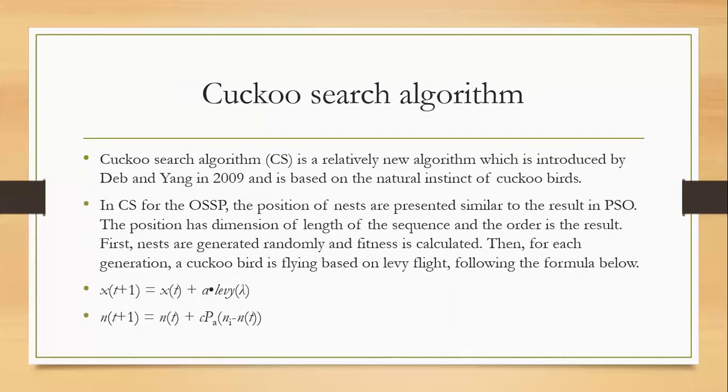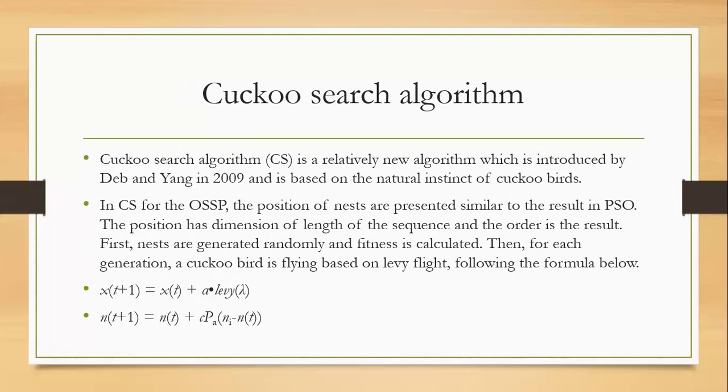First, nests are generated randomly, and fitness is calculated. Then, for each generation, a cuckoo bird is flying based on levy flight, following the first formula below. In this formula, alpha is the step length and lambda is the levy coefficient. A new result is generated while a nest is randomly chosen.